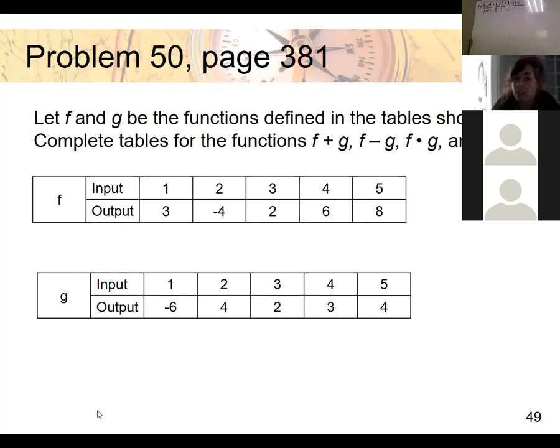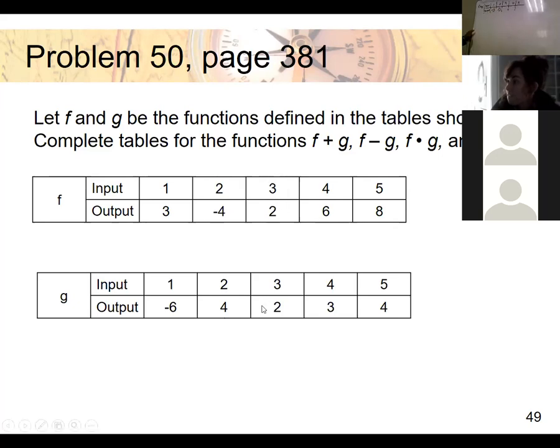Now, when our input is 1 and we want to find the sum of those outputs for f and g, we have to do this: add 3 and -6 together. So what's 3 plus -6? -3. And then for the input of 2, we'll look at our outputs when our inputs are 2. -4 plus 4. 0.